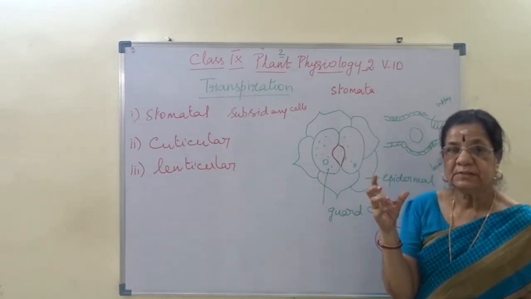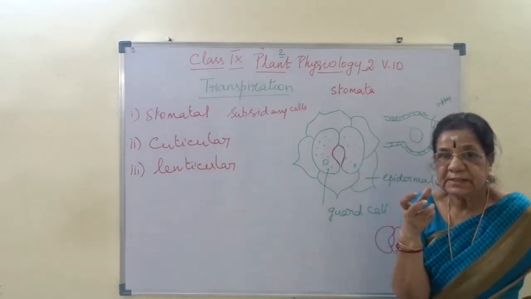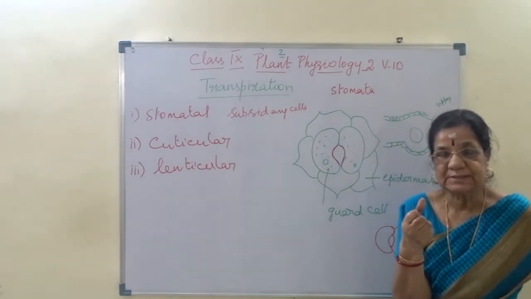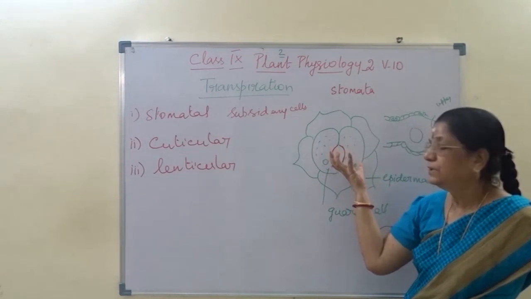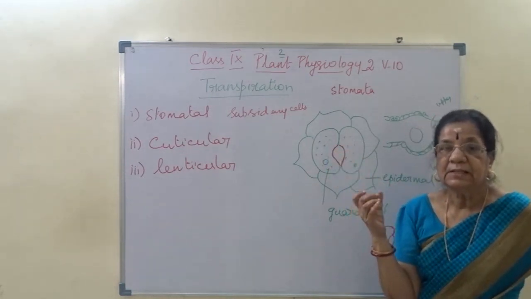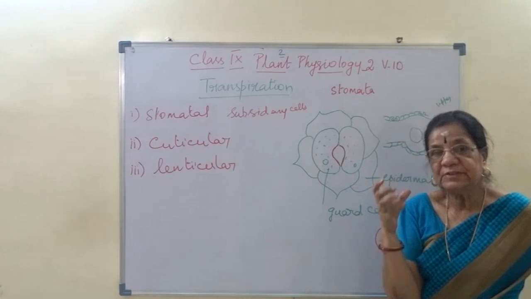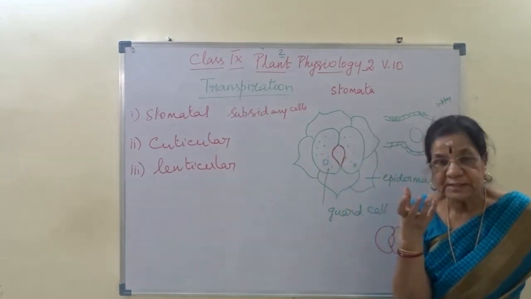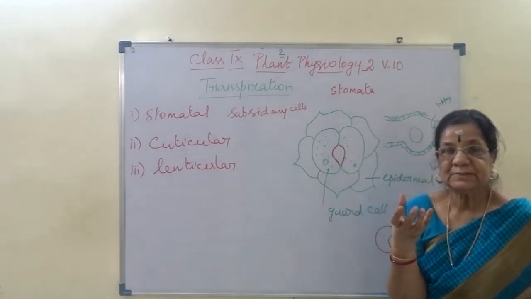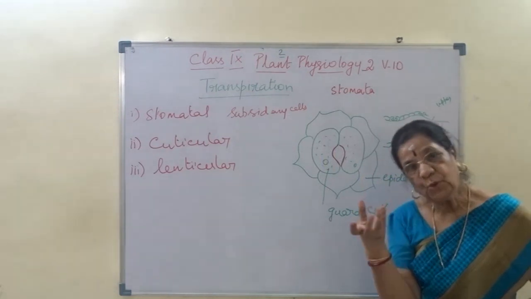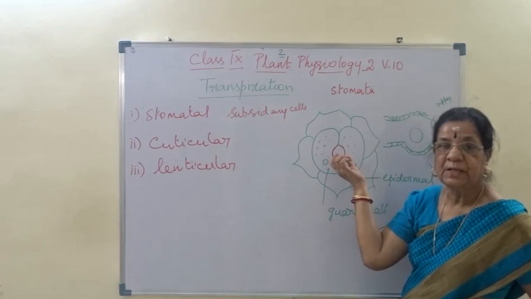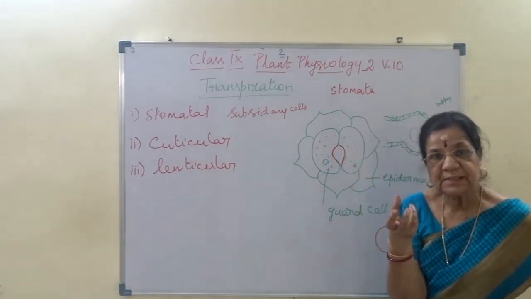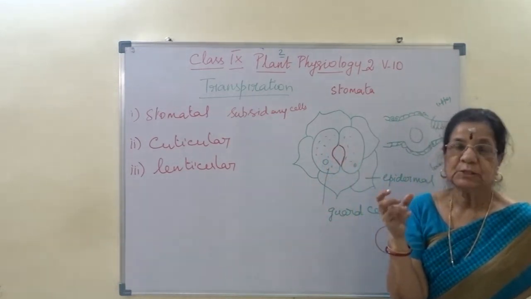For the opening, there is shrinkage of the guard cells. Otherwise we say, when the guard cells become turgid by more potassium ions, the opening becomes bigger. And when it becomes shrunken, then it is closed.